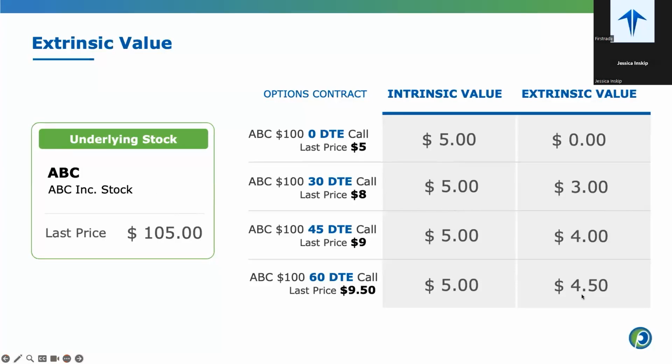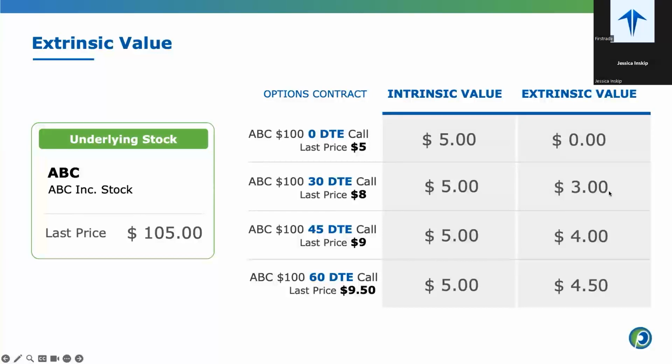This, on the other hand, the extrinsic value component, is something that will move against us as options purchasers. And that's why it's important to have an exit strategy. Some topics we will discuss next on the next session. But essentially, that's why options are traded on the secondary market. It may not make sense for you to execute upon the terms of your contract here because you'd give up this.